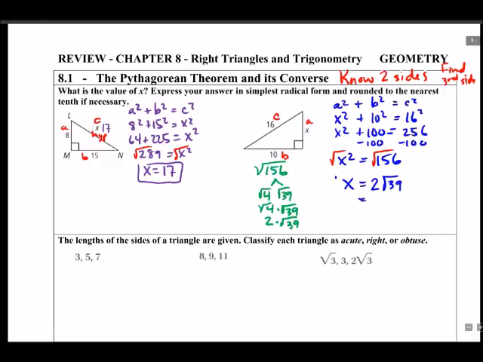And it says put that to the nearest tenth as well. So if we put that into our calculator, we get 12.489996.